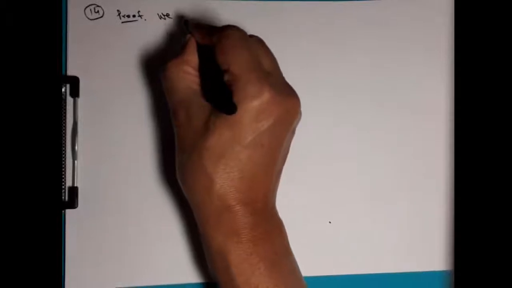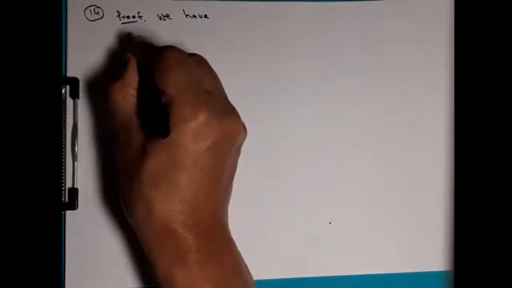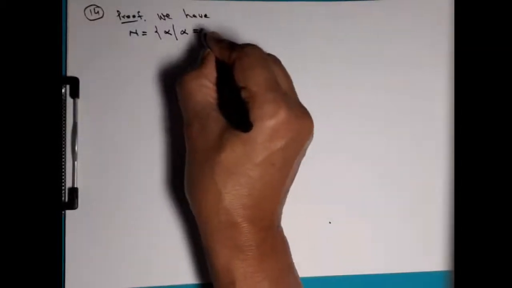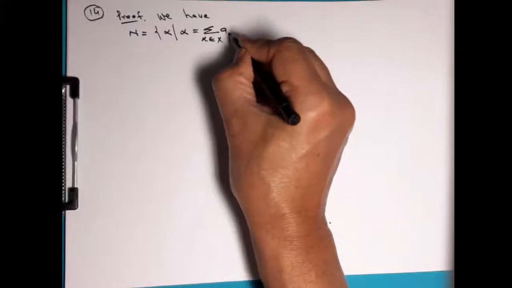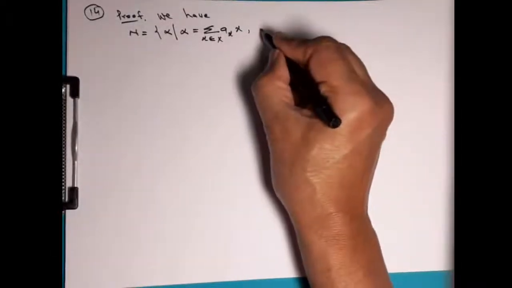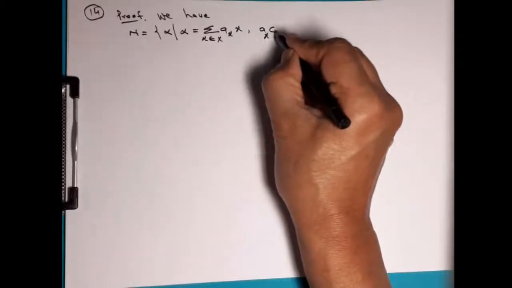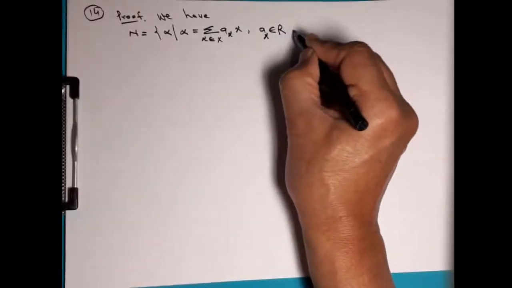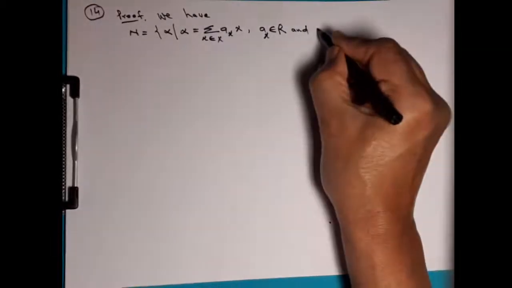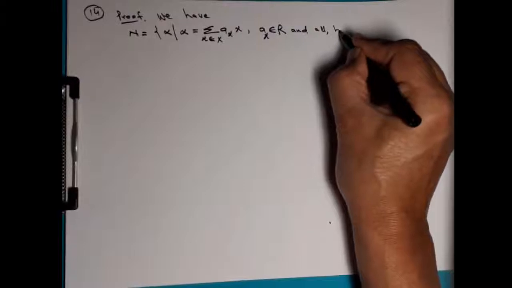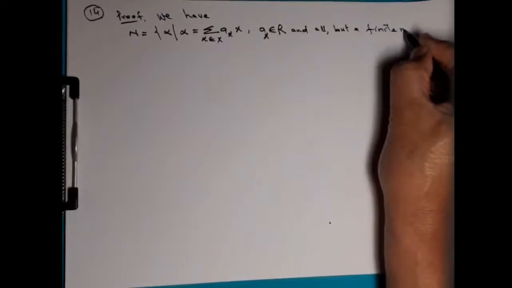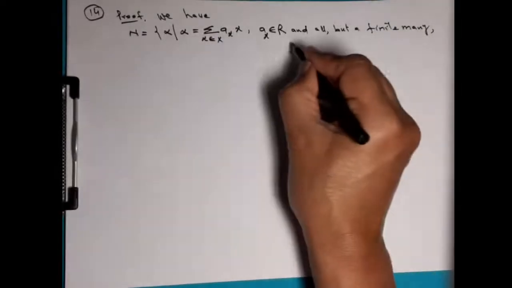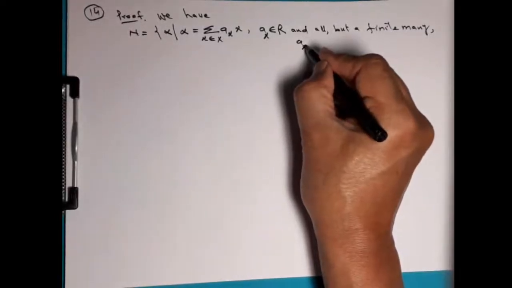We have N is equal to alpha, such that alpha is a linear combination sigma x belong to X, a_x x, where a_x are elements of the ring, and all but finitely many a_x are 0.